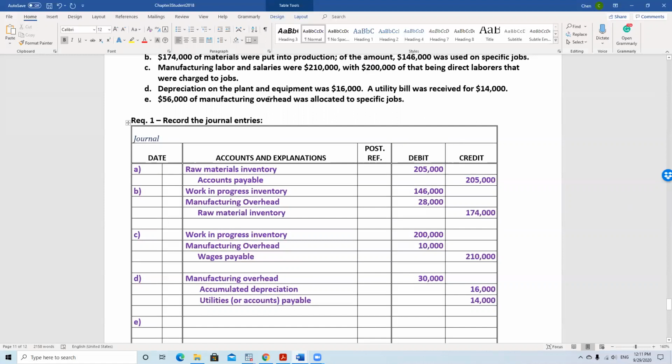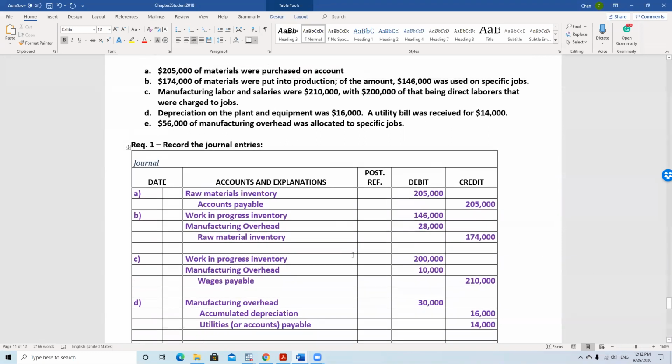And E, 56,000 of manufacturing overhead was allocated to specific jobs. Okay, when we allocate MOH to specific jobs, we have work in progress inventory of 56,000, and then manufacturing overhead, and we do a credit of 56,000.